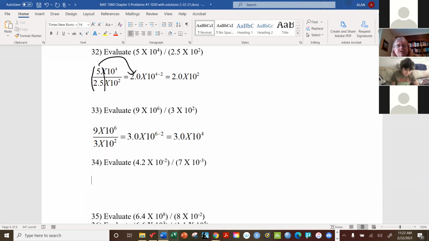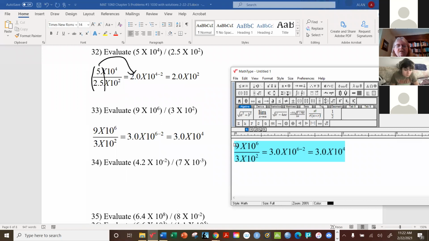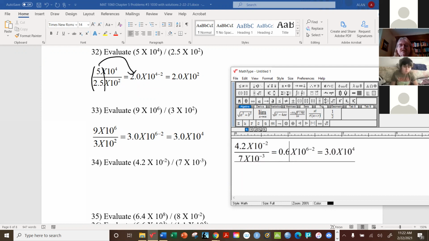So we've got a ratio. Okay, we have 4.2 times 10 to the minus 2. And then we'll have 7 times 10 to the minus 3. So the ratio of 4.2 over 7 is 0.6.